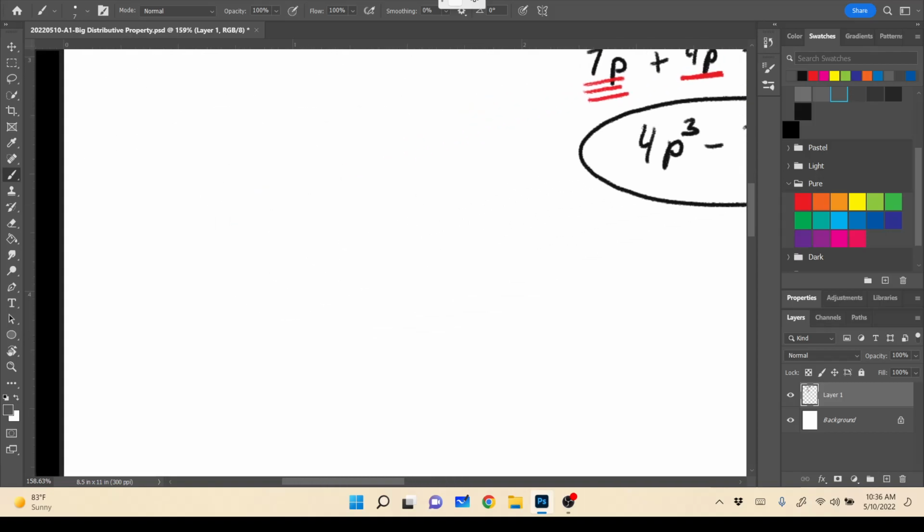Homework assignment from this one. For now, we got two more lessons to do. We've been at it 16 minutes. Page 468, numbers 12 through 18, evens.